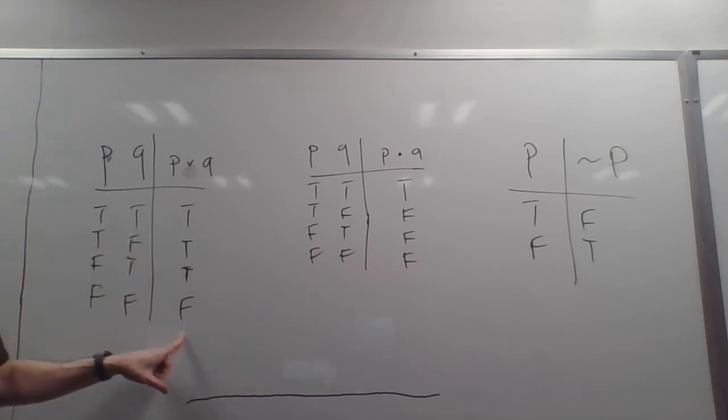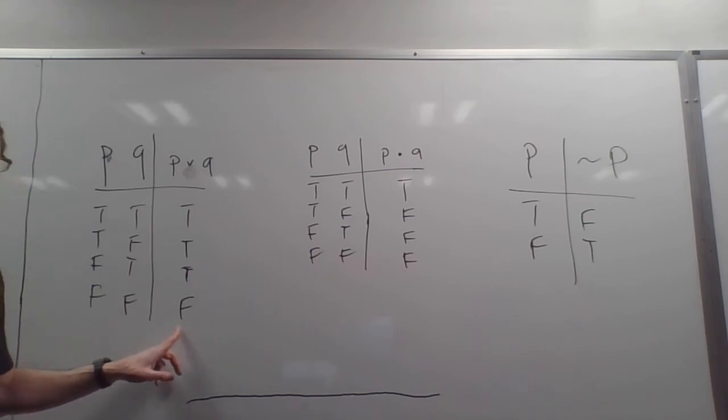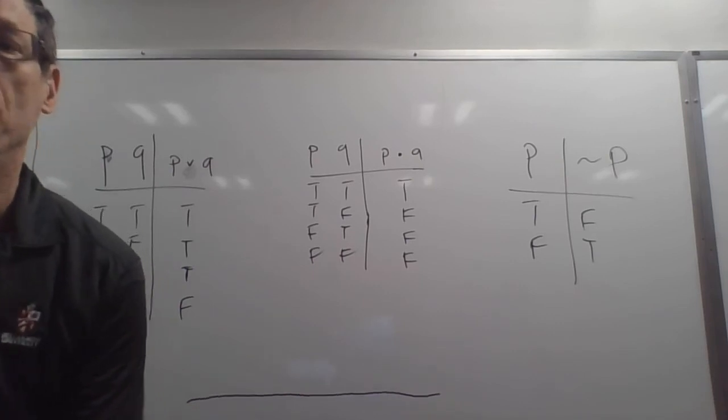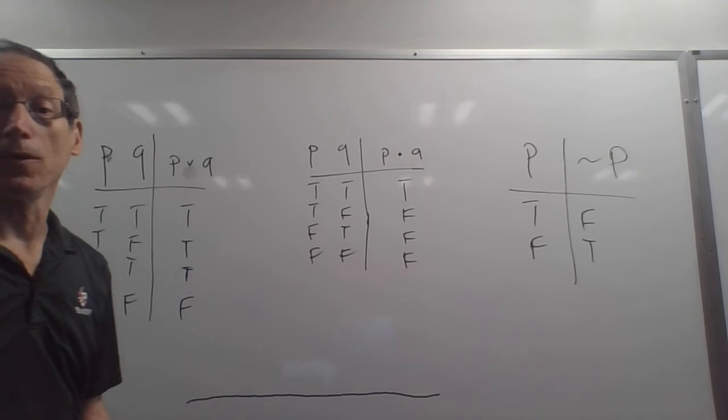It's only going to be false on the bottom. When P is false and Q is false, then P wedge Q is going to turn out to be false. Okay, so you have to memorize this. It's not that hard. That's basically what the word or means, used in the inclusive sense of the term or.